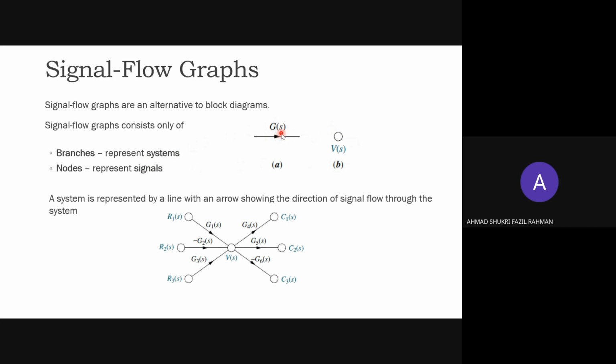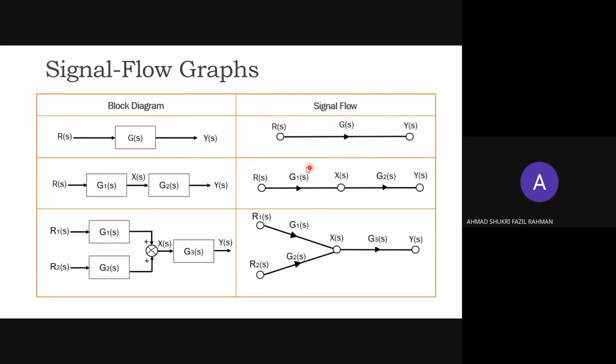So the system is represented by branches, and the signal is represented by nodes. If we have 2 systems, there will be 2 branches.